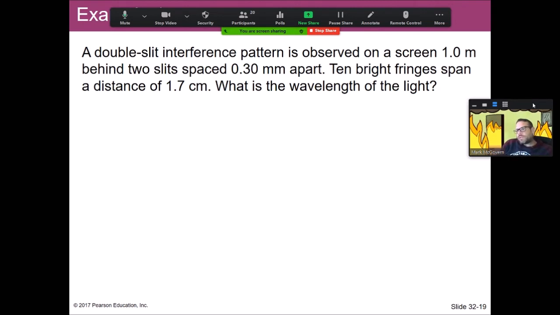You need something like that to really see the fringes because the wavelengths are tiny. 10 bright fringes span a distance of 1.7 centimeters. We want to know what the wavelength of light is. This is a little trickier than you might think, actually. Let's jump into the example here.